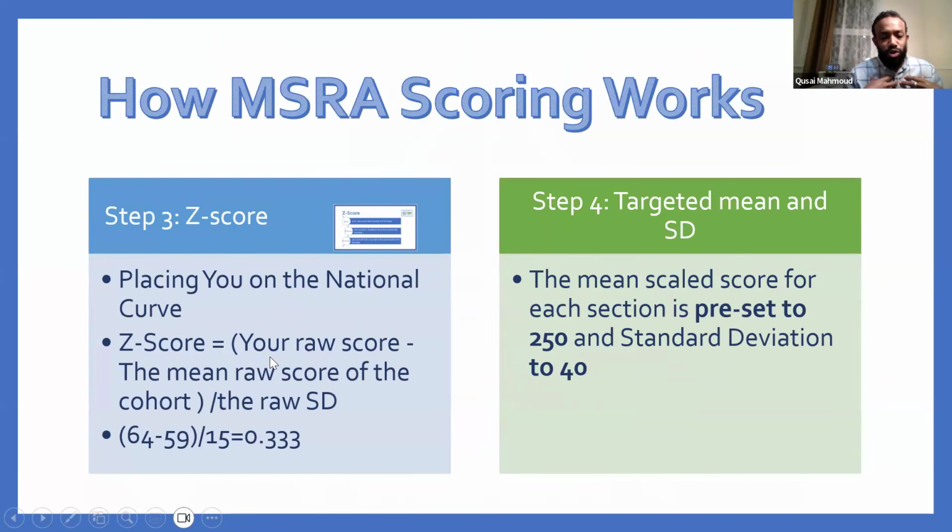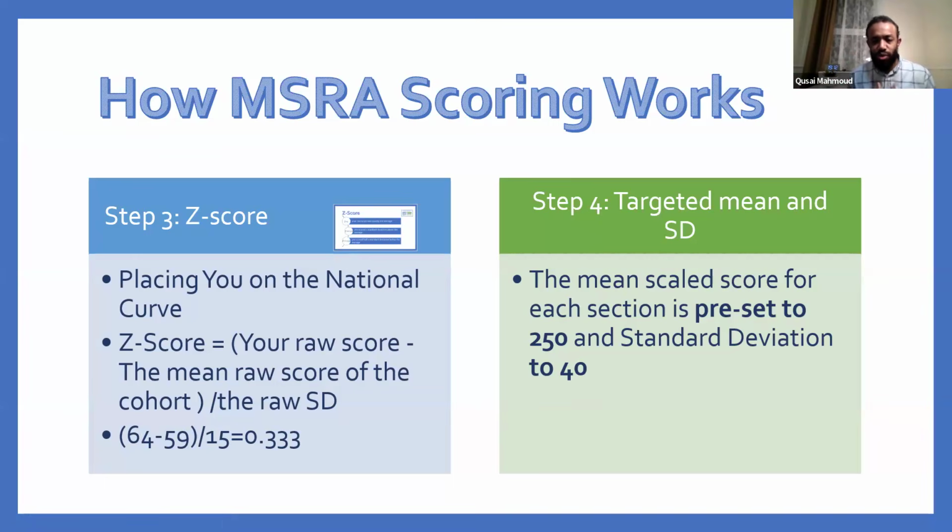Let's say my own score was 64. The average was 59, as we agreed. So you are above the average by 5 points. These 5 points will be divided by the standard deviation. So they want to know how many standard deviations you are from the average.